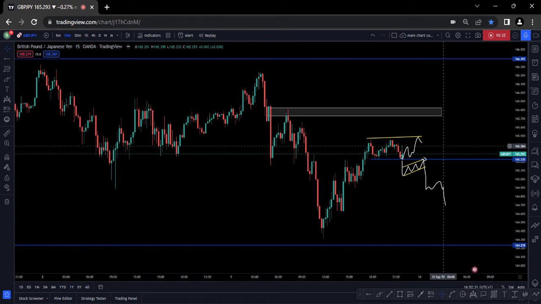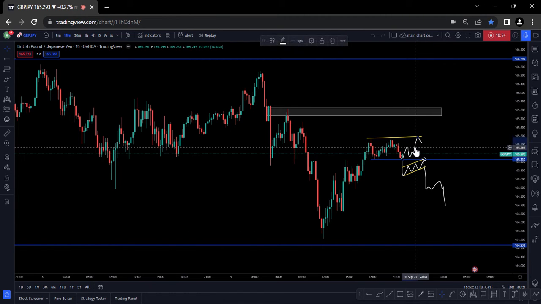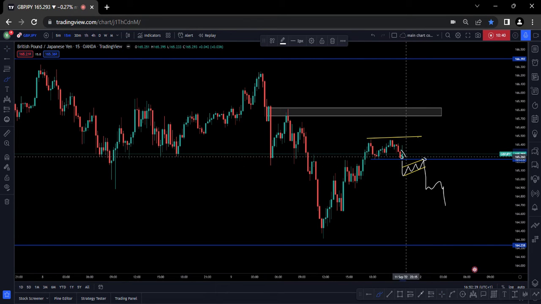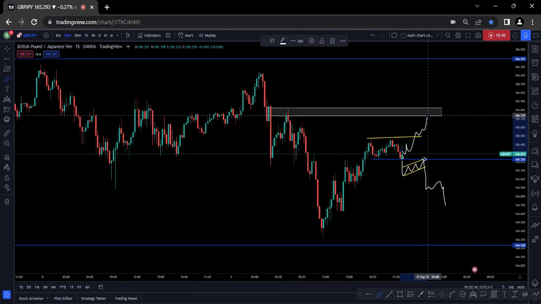Or if possibly, well, let's see how the market plays out. We react on what the market gives us. Give us something like this, then the rejection candle around this area.